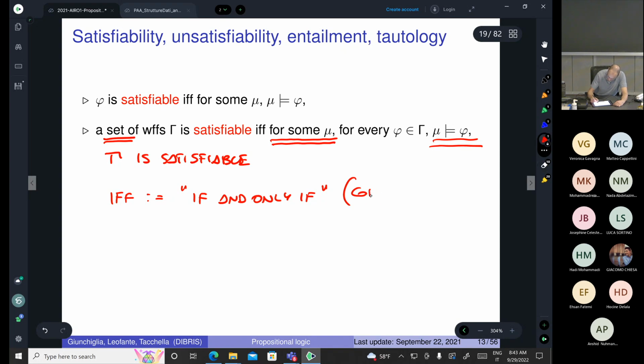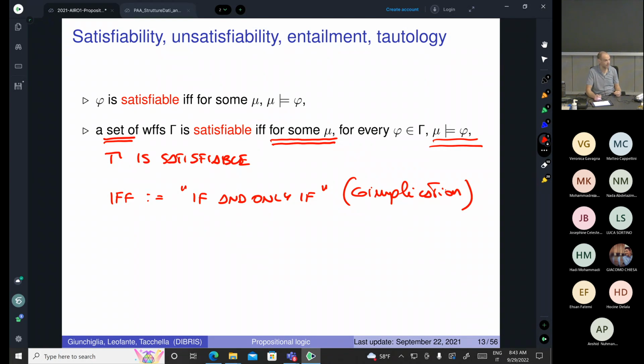Sometimes you'll see this written as iff, and this means if and only if, and it's just co-implication. So a set of formulas is satisfiable if there exists an assignment that satisfies all of them.